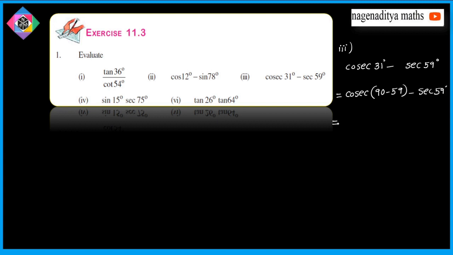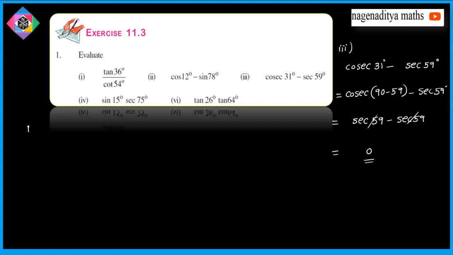Okay, cosecant of 90 minus theta is secant theta. So this is equal to secant of 59 minus secant of 59. Both cancel, this becomes 0. So cosecant of 31 degrees minus secant of 59 degrees is equal to 0.